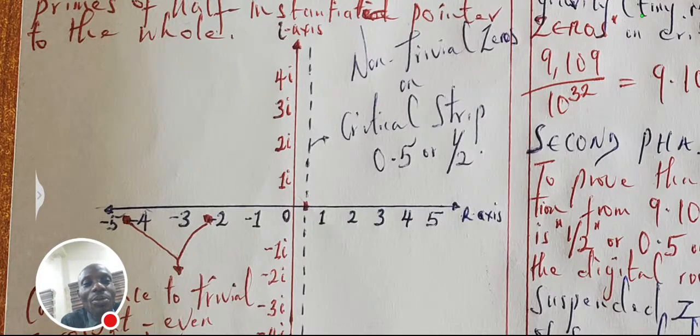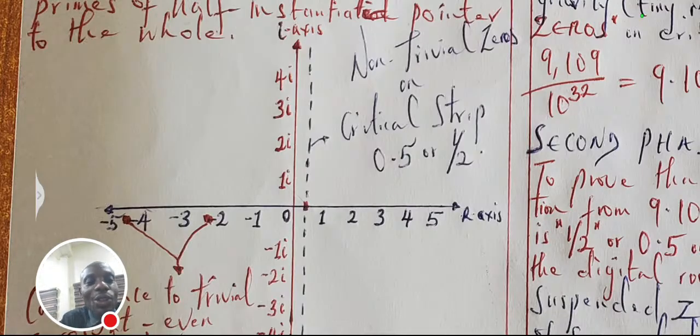So now, I want you to look at the vertical dashed line that we have. That is the critical line, the non-trivial zeros. We have non-trivial zeros on those dashed lines, because the zeros are prime encoded.